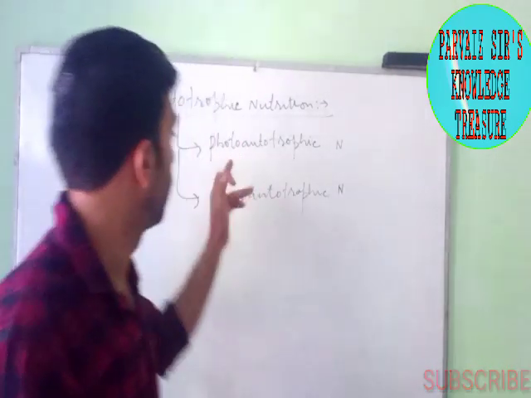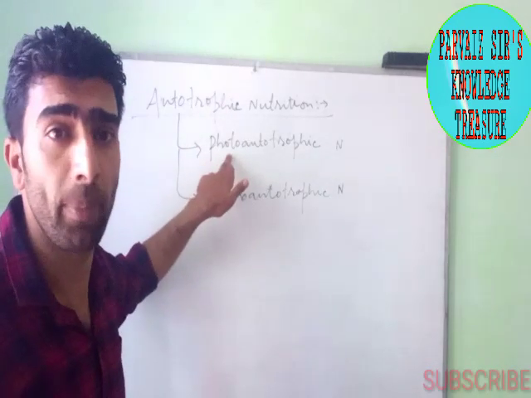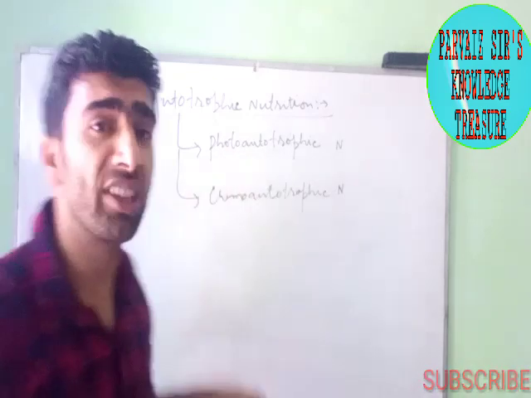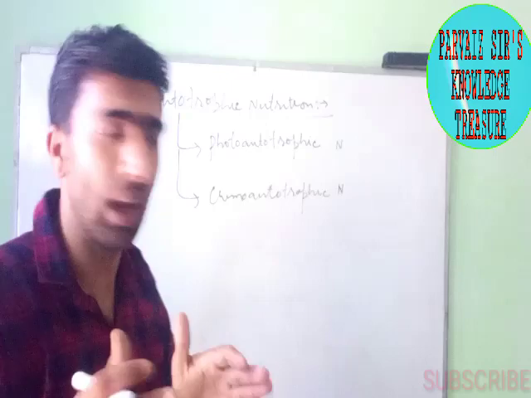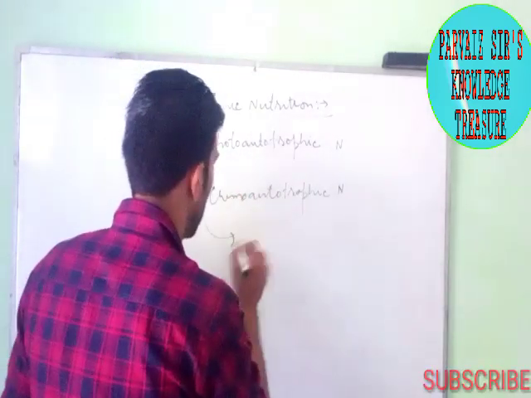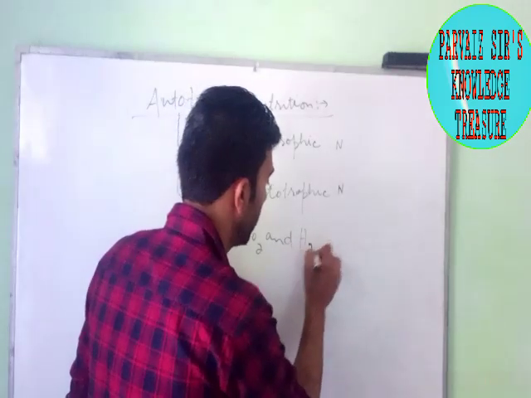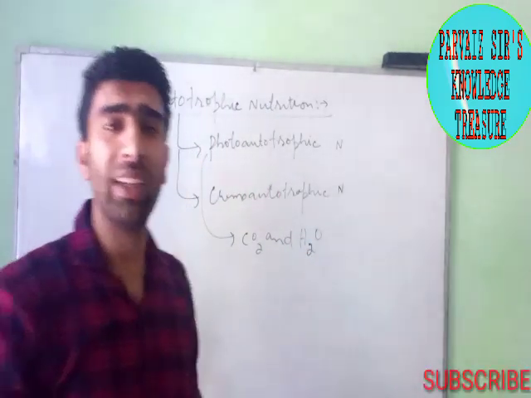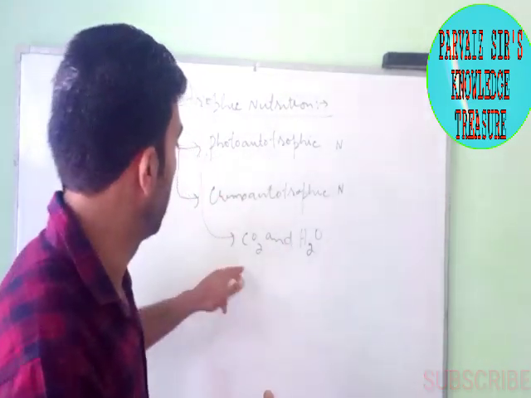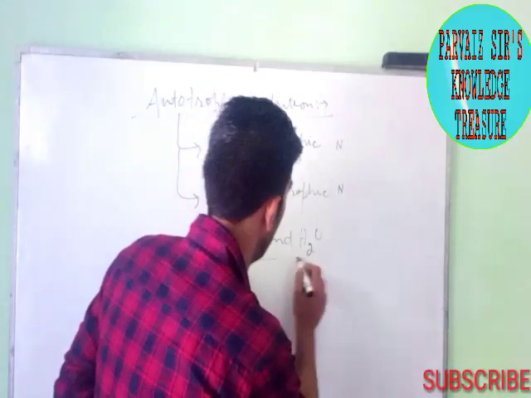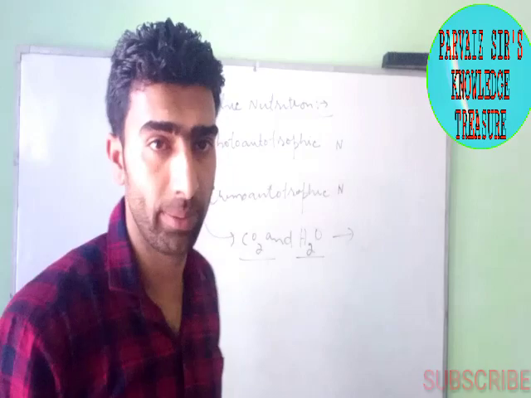Now we will talk about photoautotrophic nutrition. In this type of autotrophic nutrition, an organism synthesizes its own food from inorganic substances like carbon dioxide and water in presence of sunlight and chlorophyll by a process known as photosynthesis.